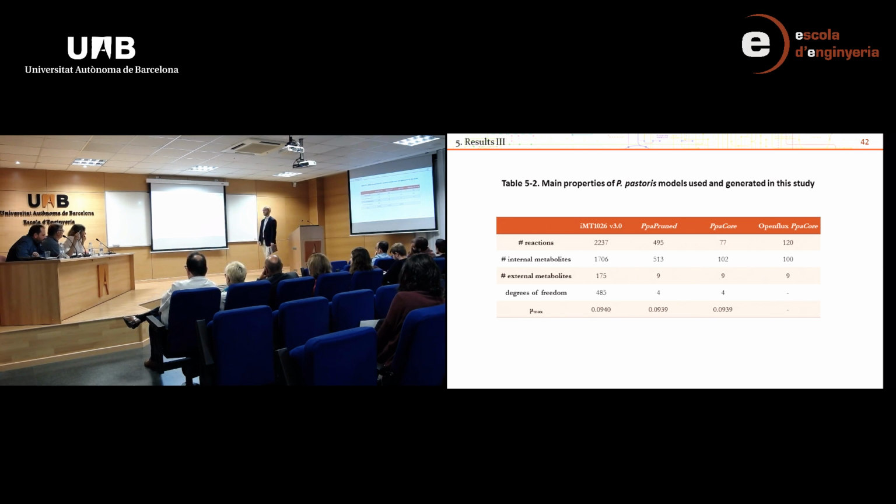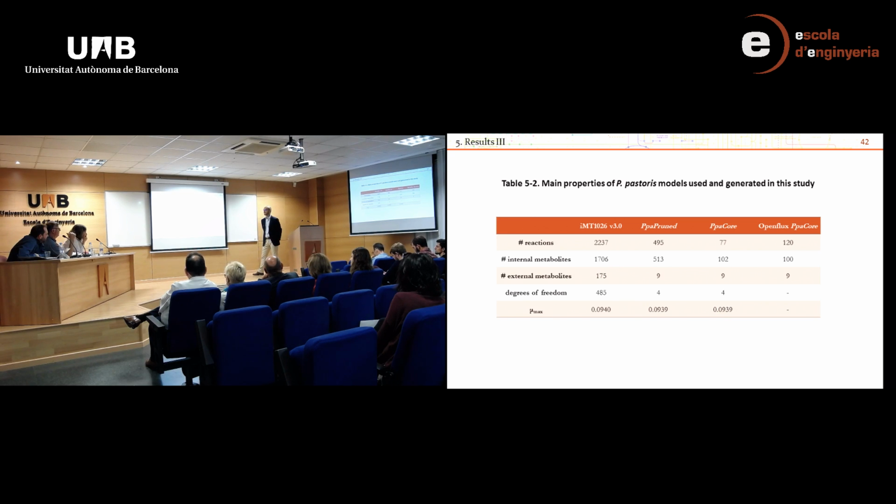Yeah, but you have 77 reactions, 102 plus 9, 111 metabolites, and the degrees of freedom are 4. We haven't calculated it for this case because we assume that we would have more or less the same level.